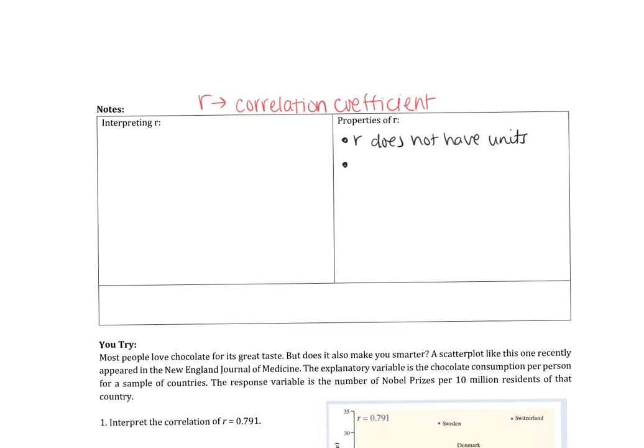It's like a shift almost. Another thing is if you accidentally switch those X and Y axes, you'll still get the same R value. So let's say you confused the explanatory with the response variable. Other things will be affected, but the R value will stay the same. Switching axes does not change the R value.